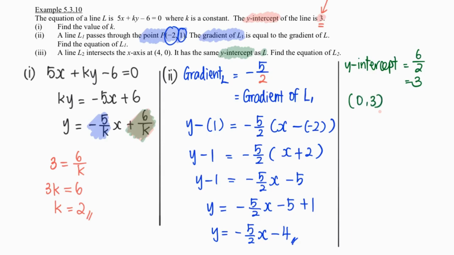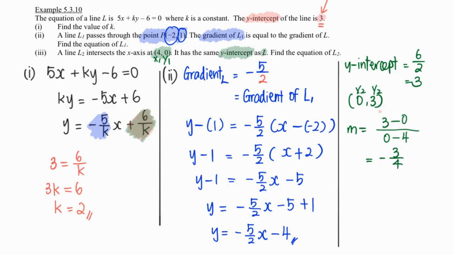And I also have the x-intercept, 4, 0. I will be able to find the gradient first. So this will be x1, y1, x2, y2: 3 minus 0 over 0 minus 4, negative 3 over 4.